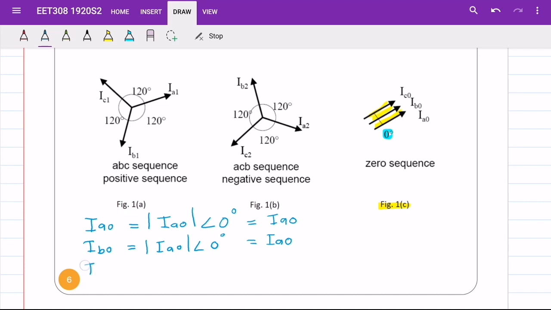And the last one, IC0, equals IA0 with the same phase angle. So for the zero sequence symmetrical component current, we can conclude that IA0 equals IB0 equals IC0.